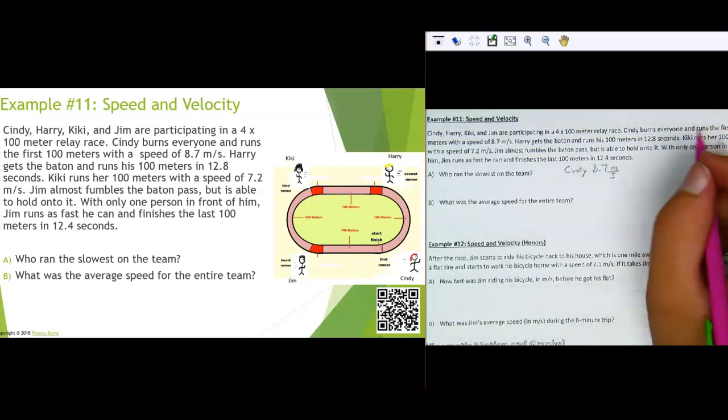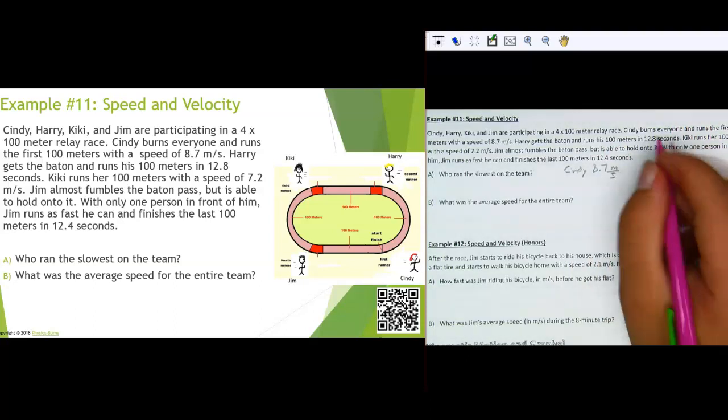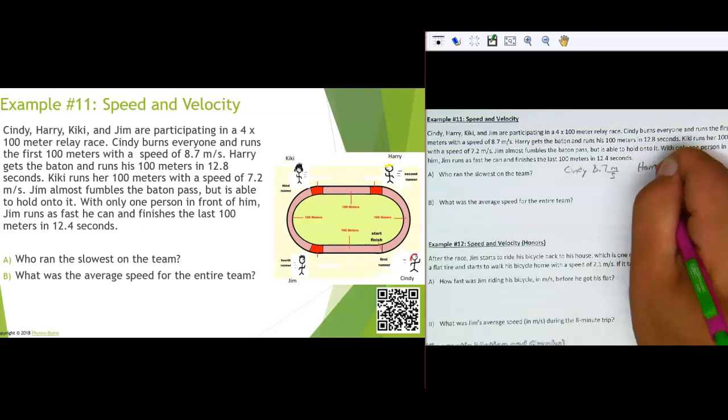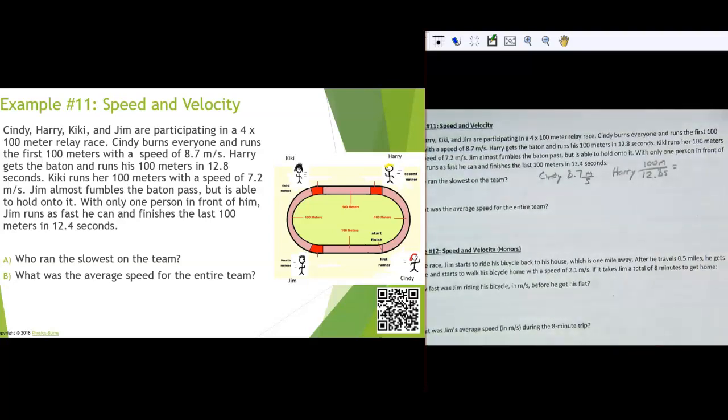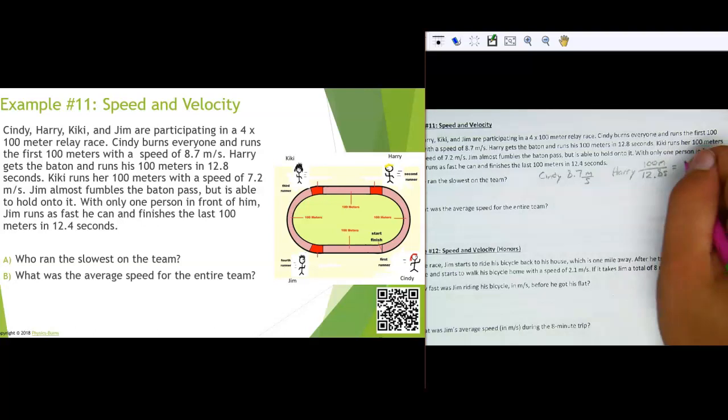Harry gets the baton and he runs 100 meters in 12.8 seconds, which ends up equaling 7.8 meters per second.